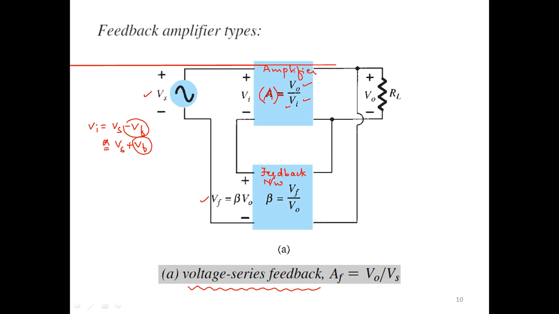You should understand this. Here, for voltage series feedback, the gain A is unitless or dimensionless. It is just a quantity.